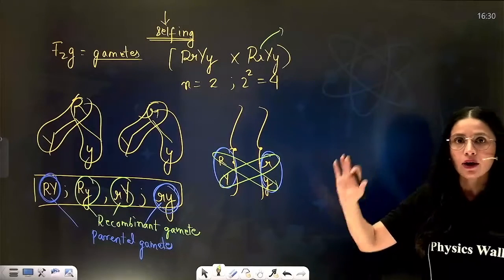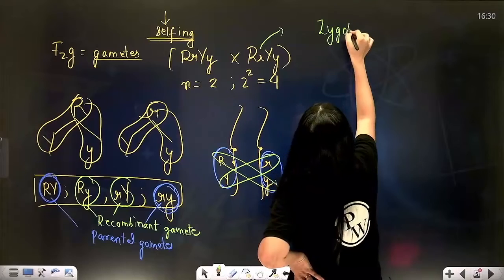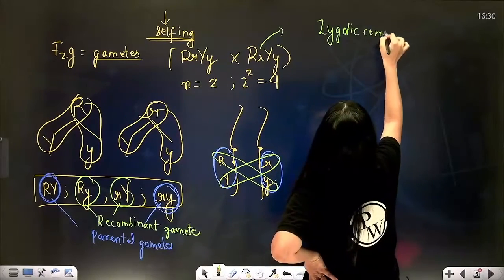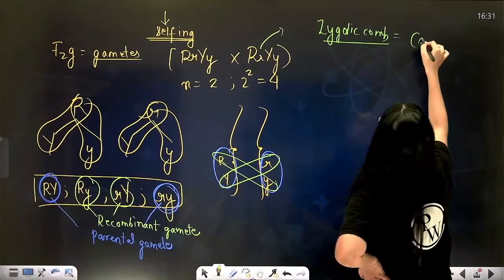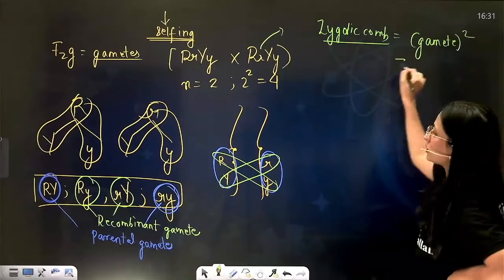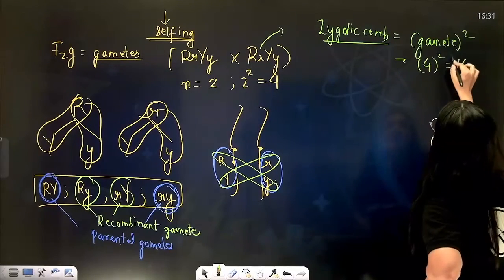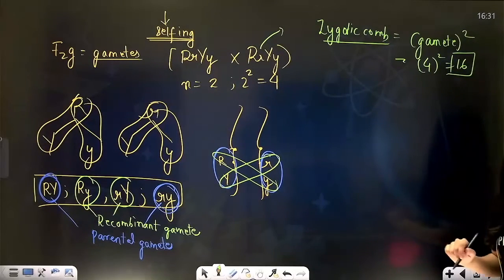Right? Now, gamete square. To calculate zygotic combinations, the simple formula is number of gametes to the power square. So types of gametes are 4. 4 to the power 2 means 16 types of zygote we can obtain.